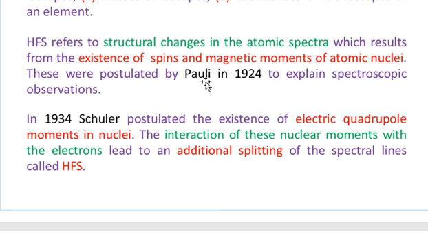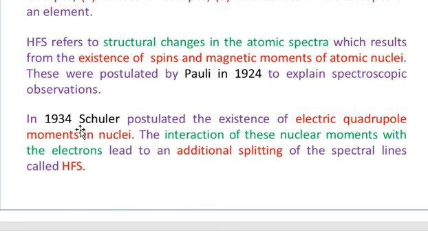These were postulated by Pauli in 1924 to explain the spectroscopic observations. So you see that in the spectra which Pauli observed in 1924, there were some lines associated with the hyperfine structure, and those lines were first explained by Pauli by discovering the nuclear spin and the nuclear magnetic moment.